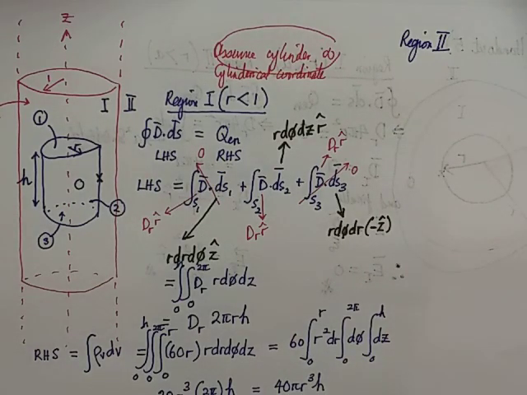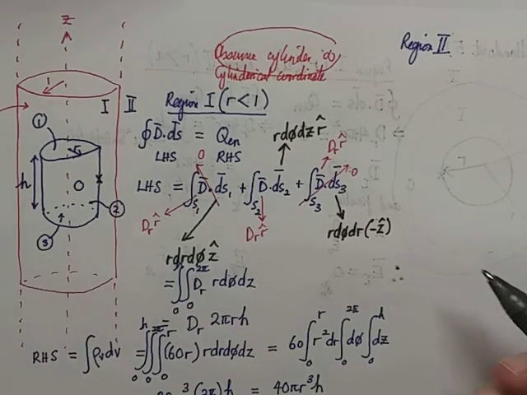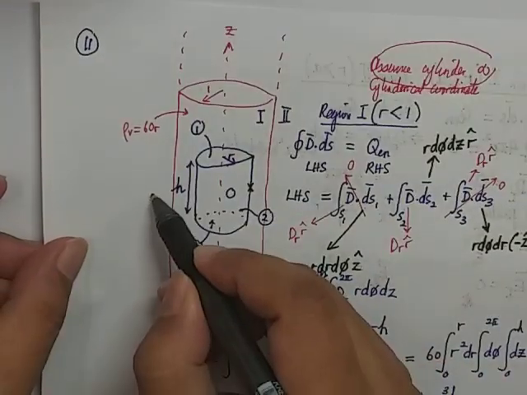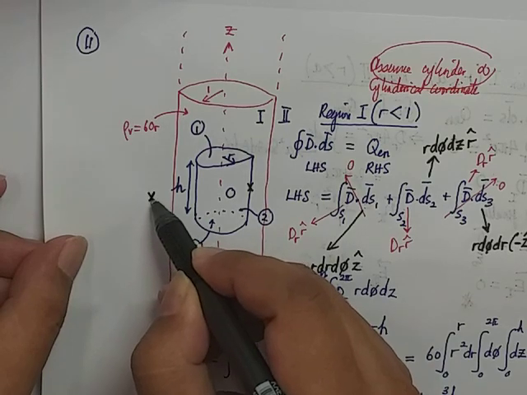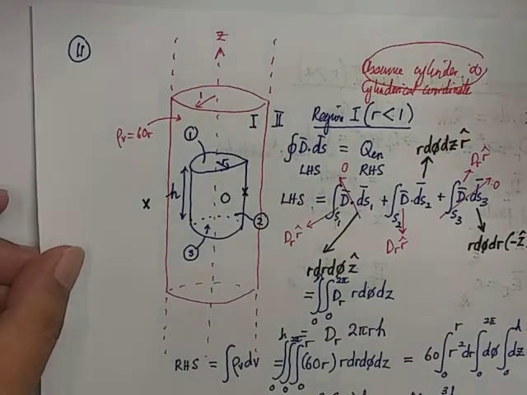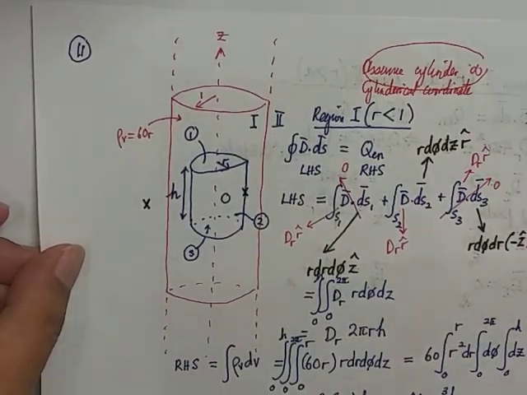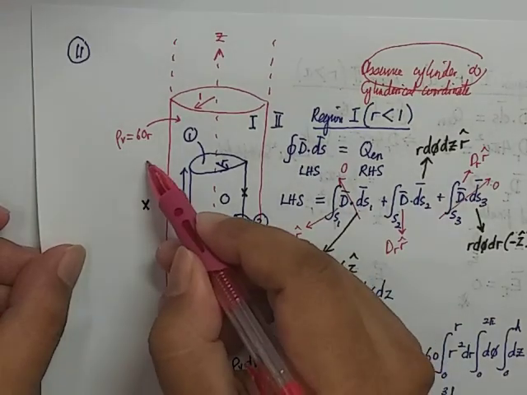So again, I'm going to build my Gaussian. This is the location where I want to find my H. So my Gaussian is going to be another cylinder.